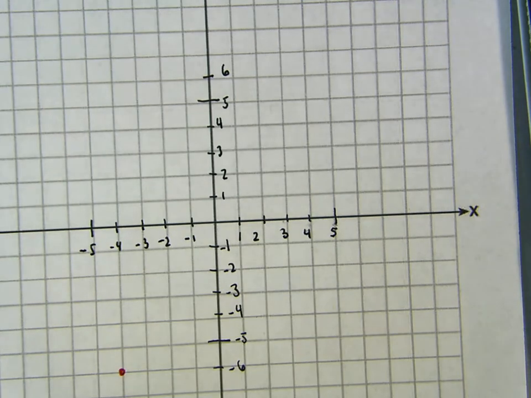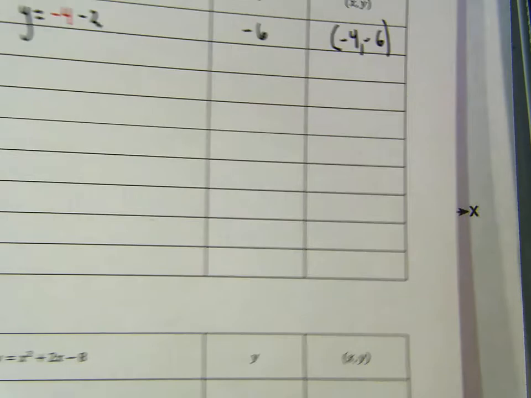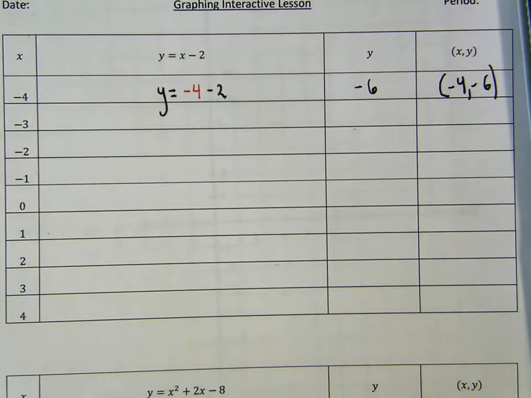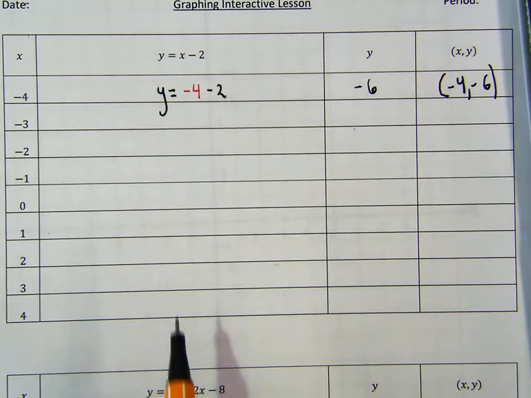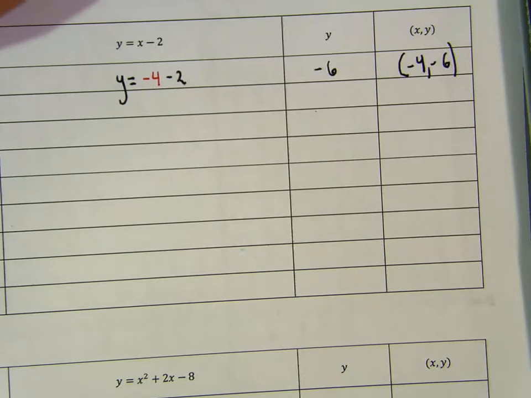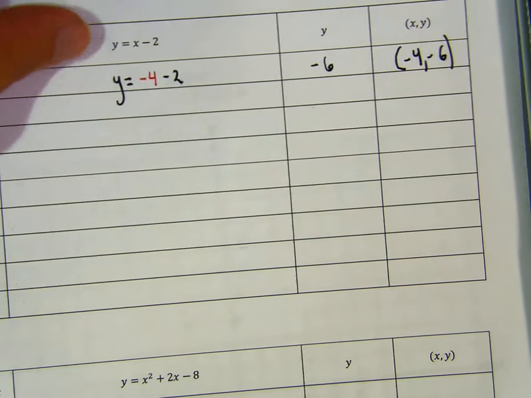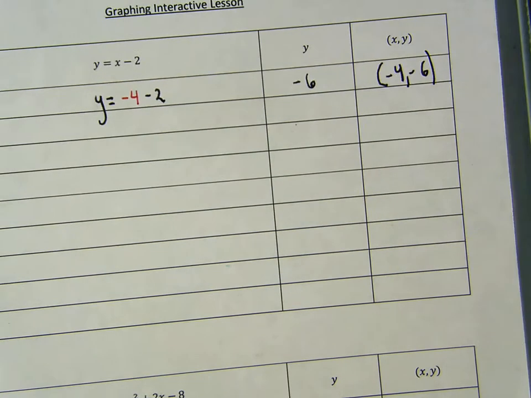And that's what I would like you to do for all of these points for the graph y equals x minus 2. If you want, pause the video and try it on your own. Or if you want, we can do it together, just watch it with me.